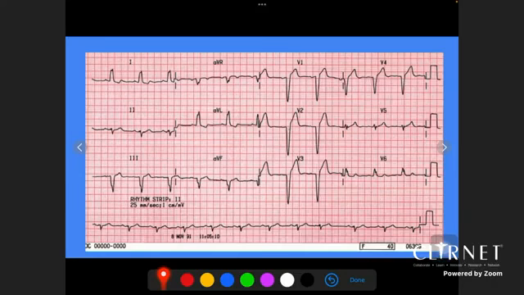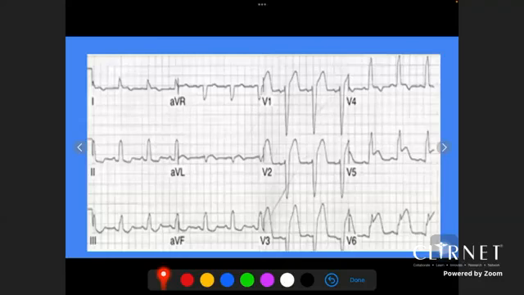So this is a classic left bundle. QRS is up, ST down, QRS up, ST down, QRS down, ST up. This is classic. Then what will happen here? You can see here, QRS is up, ST is up, QRS is up, ST up. This means STEMI.